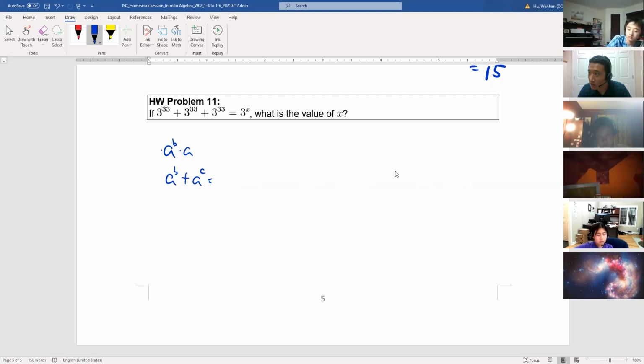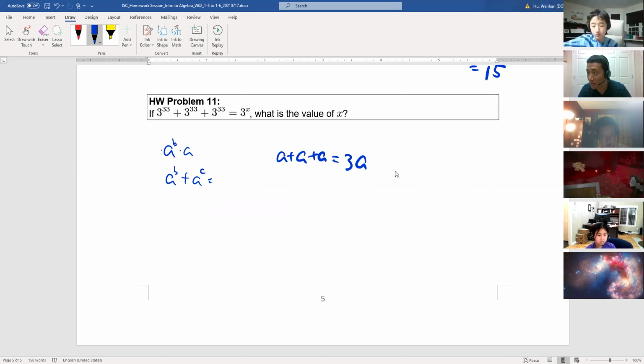Fortunately, after observation, we find all of these are the same. We have 3 same numbers. What does that mean? It means if we add something 3 times, it will be 3 times this thing. That's the trick of this question.